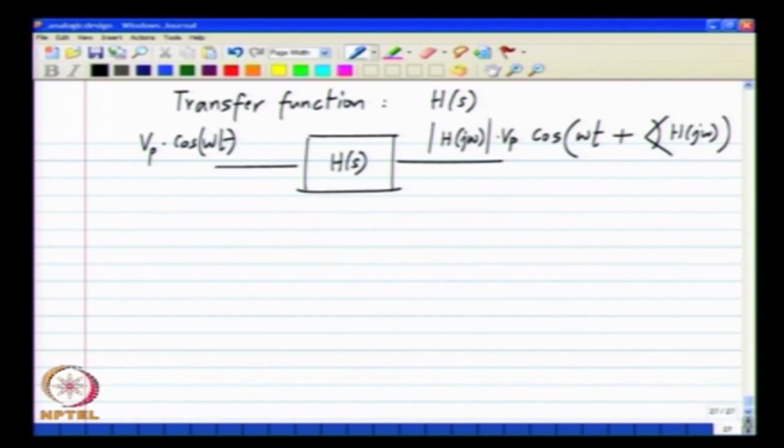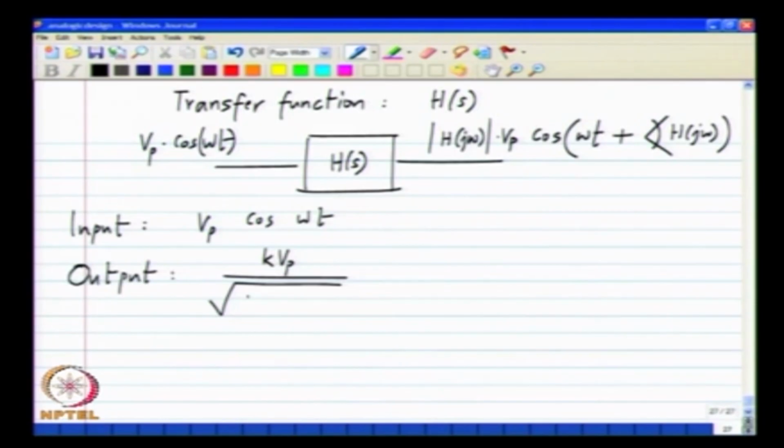So, if we apply an input of Vp cos ωt to our amplifier, the output will be kVp divided by square root of 1 plus ω²k²/ωu².